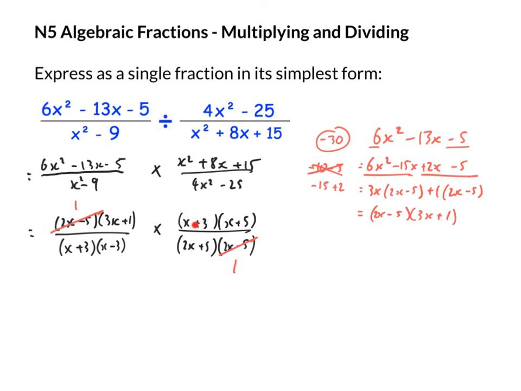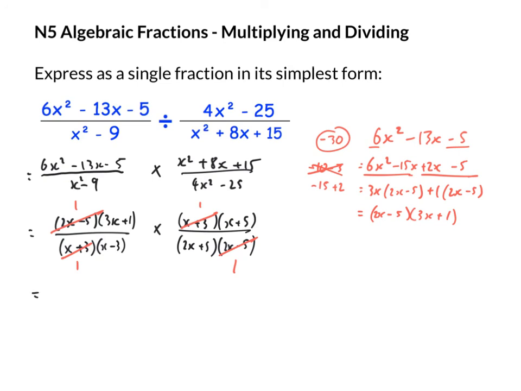Next one on top, I've got an x plus 3. Well, I've got an x plus 3 on the bottom. So they will reduce down to 1 if I divide the top and bottom by x plus 3. x plus 5. That's 2x plus 5, so it's not the same. So no more cancelling down can be done.